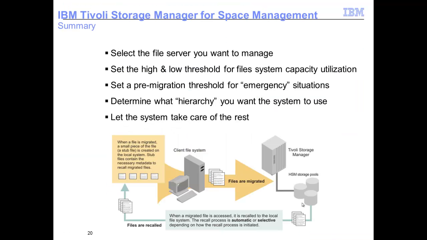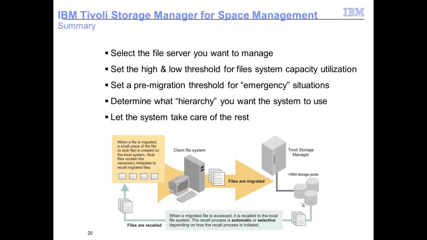In summary, IBM Tivoli Storage Manager for Space Management provides space management for the Unix file systems. The way that it's set up is you first of all select the file server you want to manage. You set a high and low threshold for those file systems. Then you set up information on your priority, whether you want to migrate files that are older or larger.